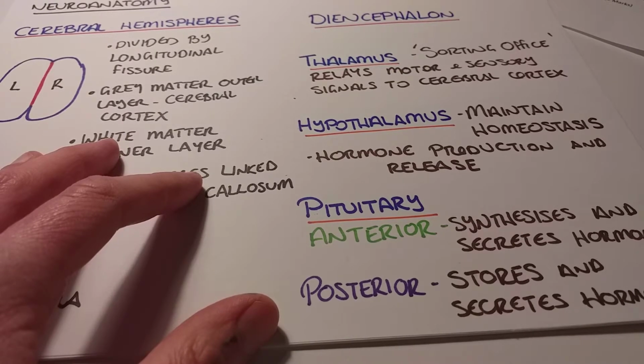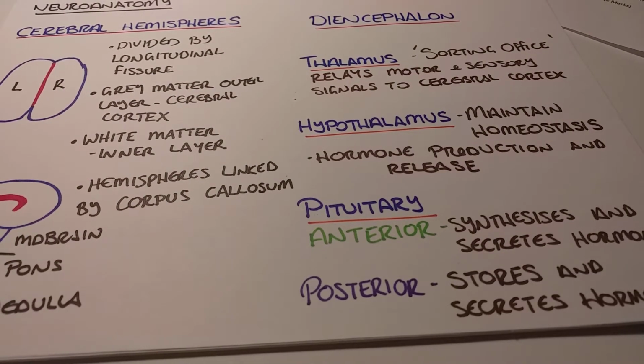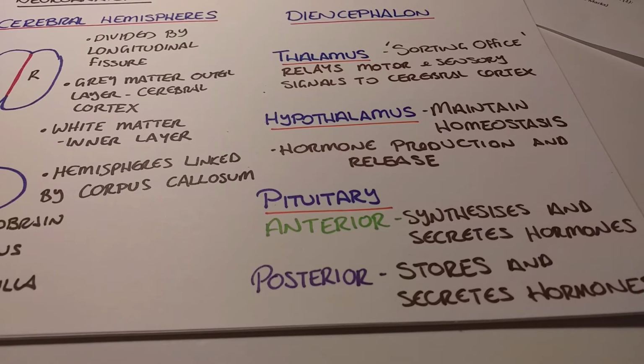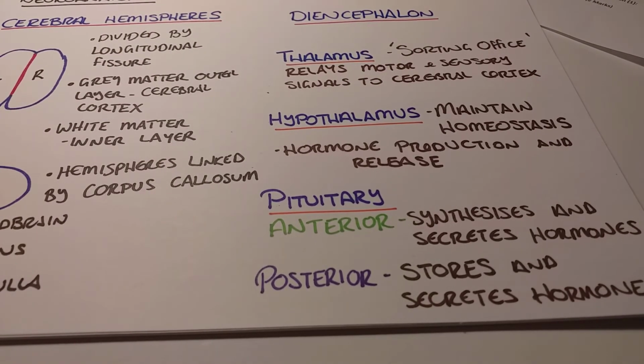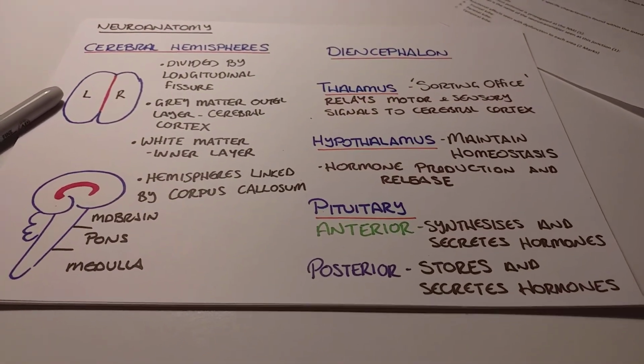So there we go. Your anterior synthesizes and secretes hormones. Your posterior, like the post office when you don't get your letter and you get one of those "We missed you" cards, stores and secretes hormones. So that's the first bit of neuroanatomy.